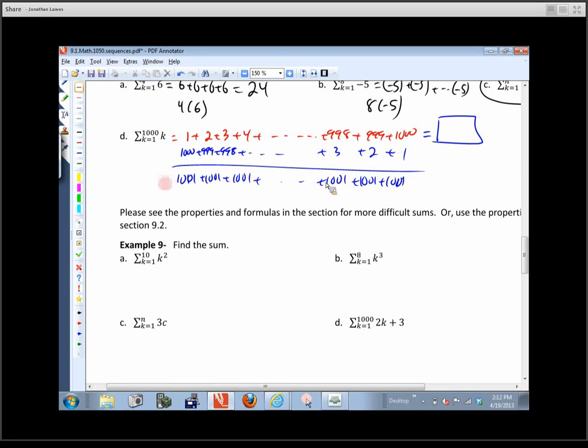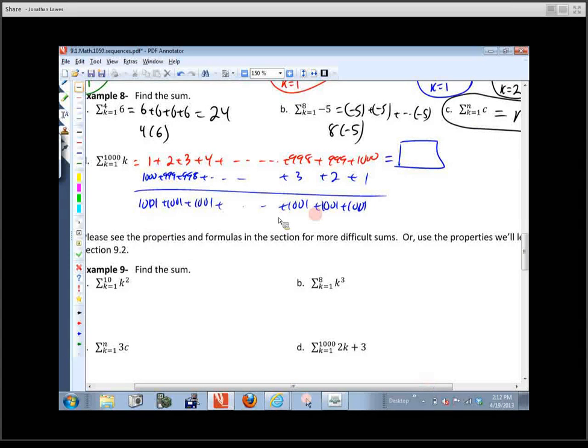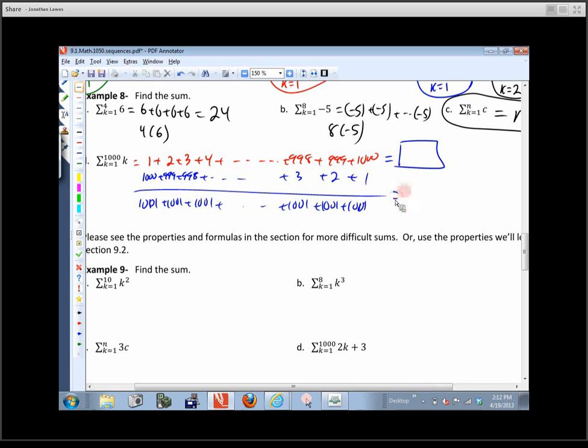Now, if I add these up, these are all the same constant, just like the problems I just finished over here. So how many of them are there? 1,000 of them. And what number are they? They're 1,001. Now, what's the problem with finding the answer to this list?